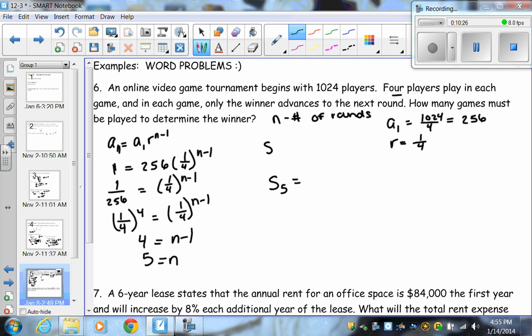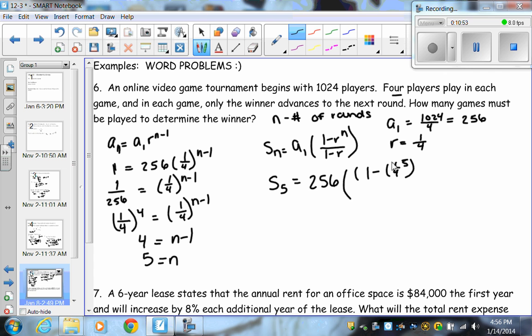And remember, S of n equals a of 1 times 1 minus r to the n over 1 minus r. So our first term was 256. It's going to be 1 minus r, which is 1/4, to the 5th.